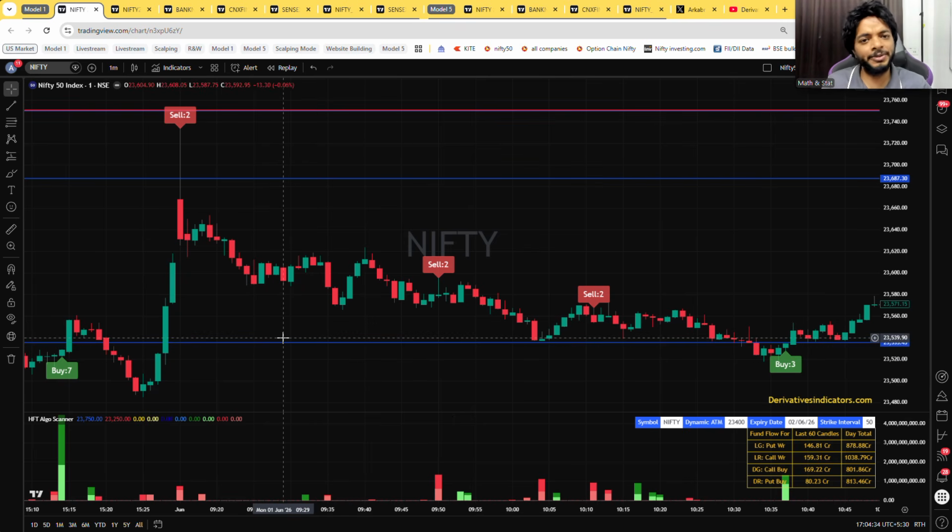So red means bearish, green means bullish, as simple as that, and light color means writing and deep color means buying. Even if you forget, there is a table on the right corner. In short, LG means light green, put writing, LR means light red, call writing, and so on for these 4 colors. So even if you forget, the table is there to help you.